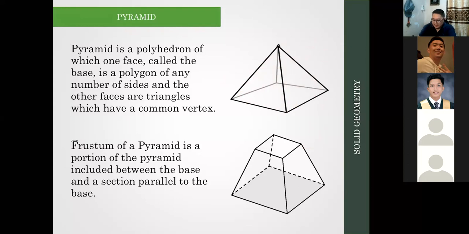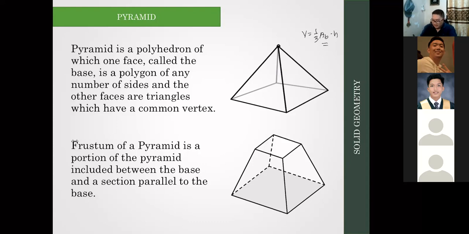Okay? And the formula we will use here is V equals 1/3 area of the base times height. Here the area of the base depends on the size or whatever polygon we have. So if it is a pentagon, get the area of the pentagon before using the formula for volume.